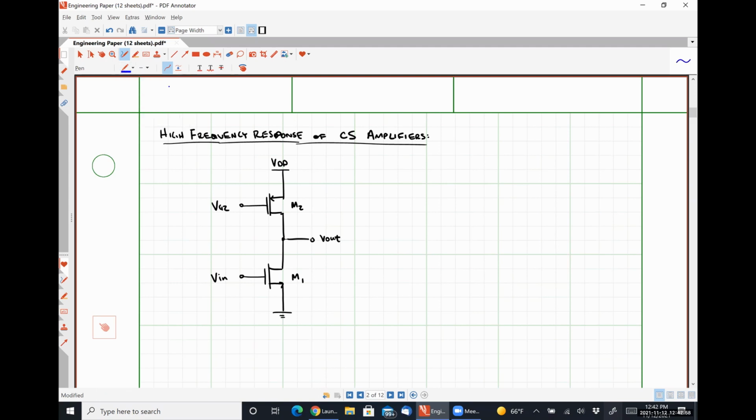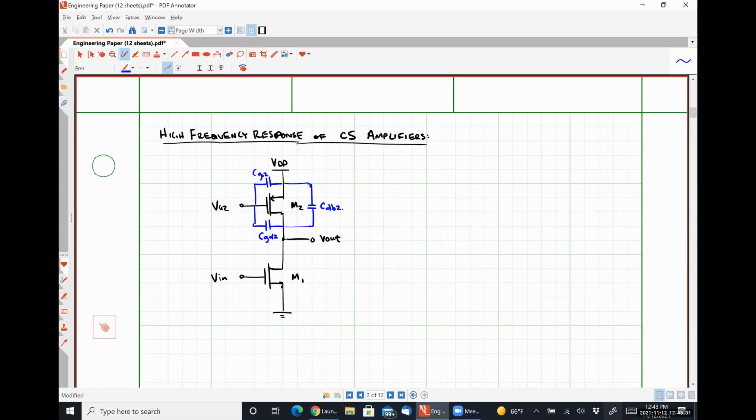Now let's throw all those capacitors in. So we're going to have some capacitor here, between the gate and the source. So this will be CGS2. We'll have a capacitance here that will be CGD2. And we'll have a capacitance here that will be CDB2.